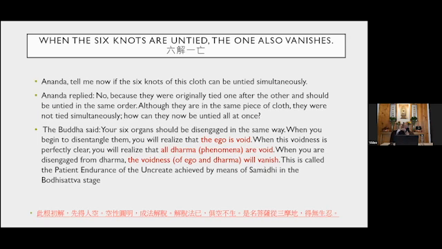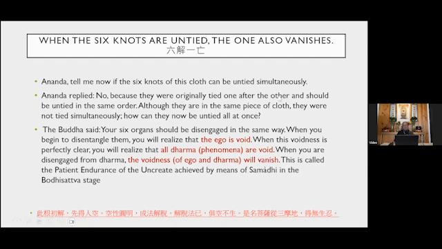You have to untie the last knot first, and gradually untie to the core. And eventually, when you untie it, there is no knot. And likewise, when we practice, to subdue the afflictions, to sever the afflictions, we have to do it sequentially.